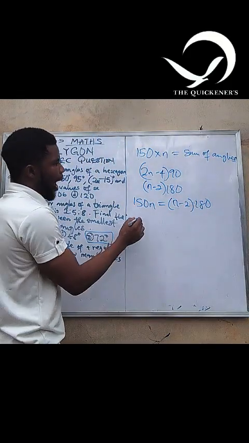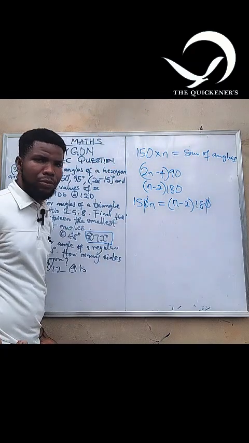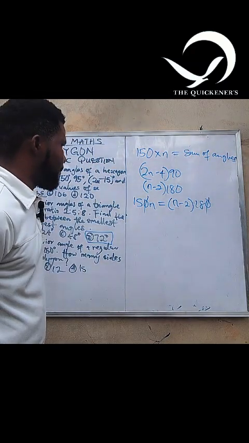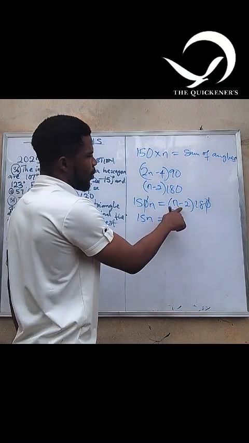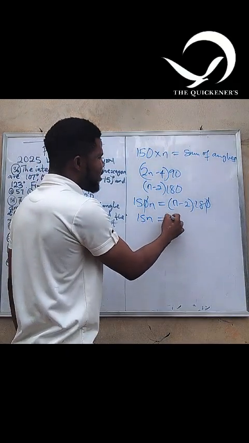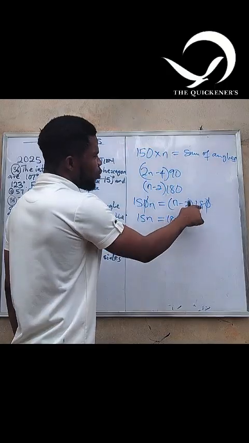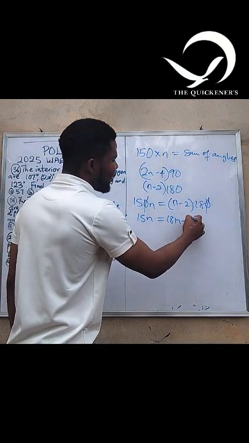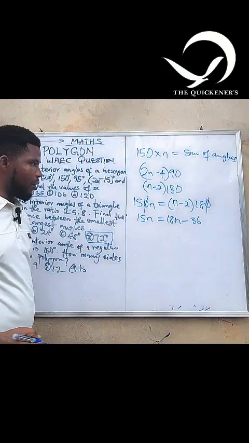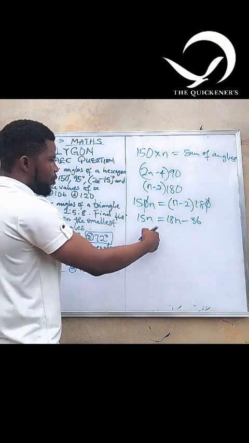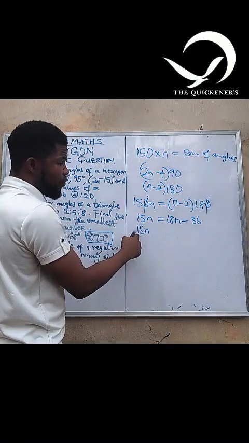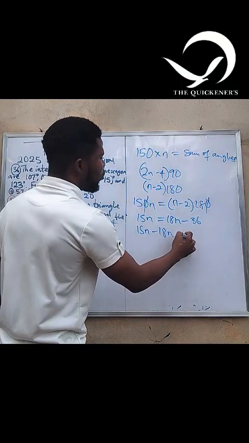Alright, so I can remove this 0, cancel it. By the time I cancel the 0, I have 15n. Then I will now have n times 18, that's 18n, minus 2 times 18, that's minus 36. Are you with me now? Then when you collect like terms, what do you have? When you collect like terms, 15n minus 18n equals minus 36.